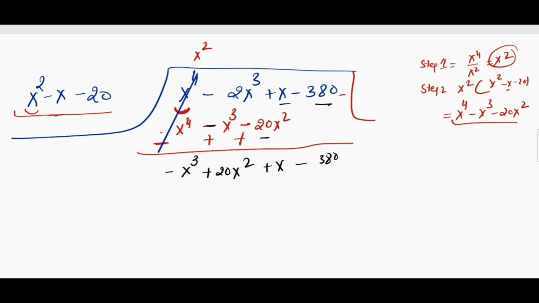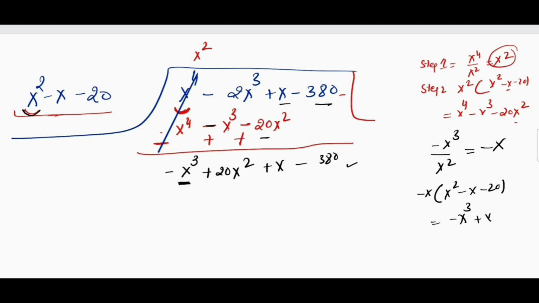Now in step 1, we have to divide negative x cube with the first term of this, which is x square. So we'll get here negative x. In the second step we have to multiply this negative x with x square minus x minus 20. So we'll get negative x cube plus x square plus 20x.